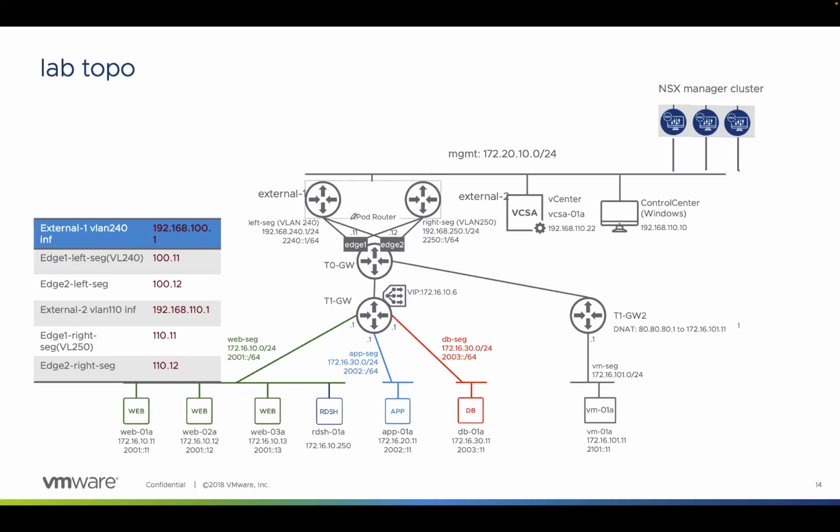We have external one and external two as external routers, where we have the only exit for NSX to use for the north-south traffic. And also we're going to create edge.